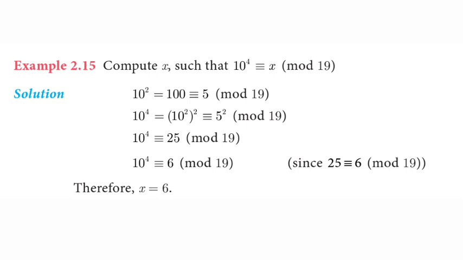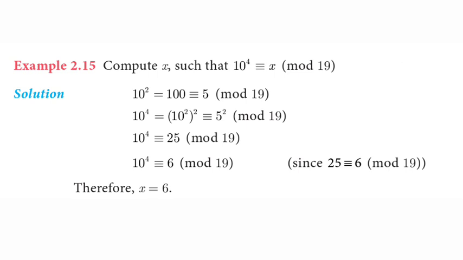Now we want the value of 10^4 ≡ x mod 19. Taking the square on both sides, (10 squared) squared gives 10 to the power 4. Therefore (10 squared) squared ≡ 5 squared mod 19. So 10^4 ≡ 25 mod 19.